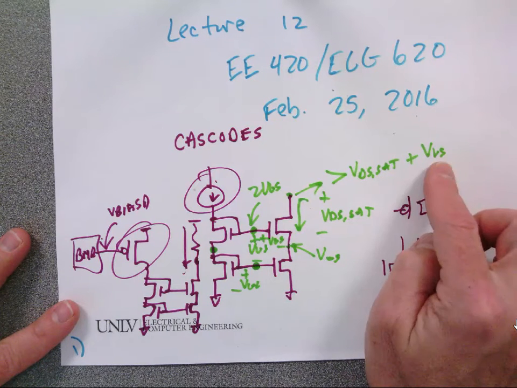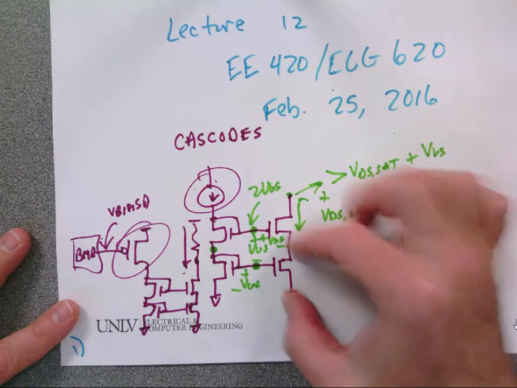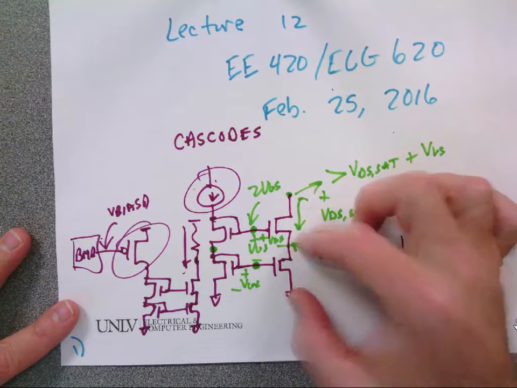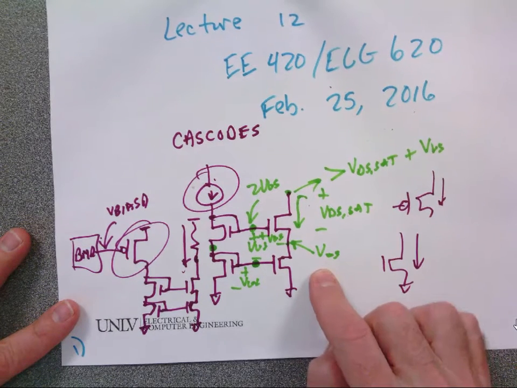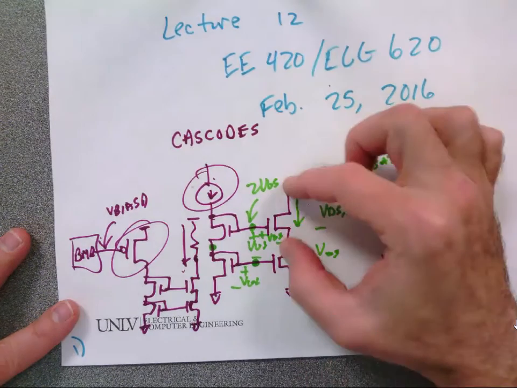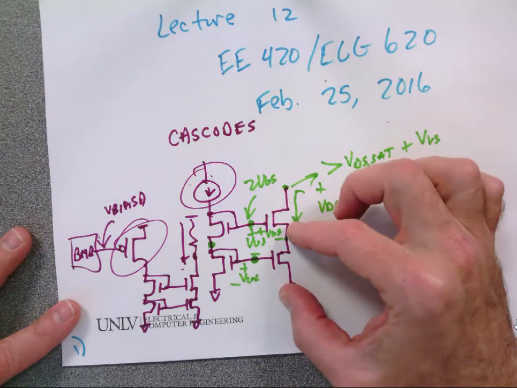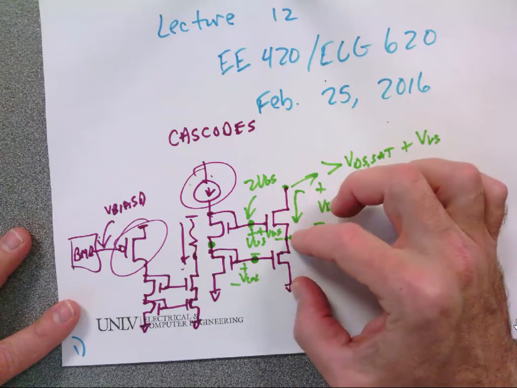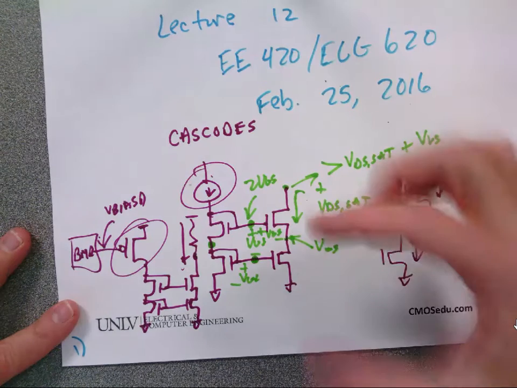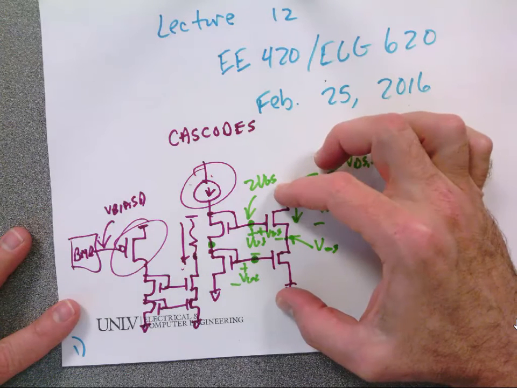This voltage, the voltage across here, which is VGS. Does everybody agree with that? Plus the minimum voltage here. And last time I said, I don't want VGS here. I want to have VDS sat, so I'm going to redesign this for wide swing so that I can get 2 VDS sat across this. Does everybody follow that?